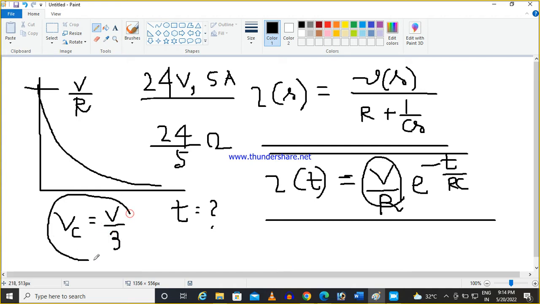So till the capacitor voltage is achieving V by 3, let us charge through the resistor path so that the inrush current is restricted. And once the capacitor is charged by V by 3, then that inrush current will not flow. There is no short in the circuit. Now you can bypass the resistor.